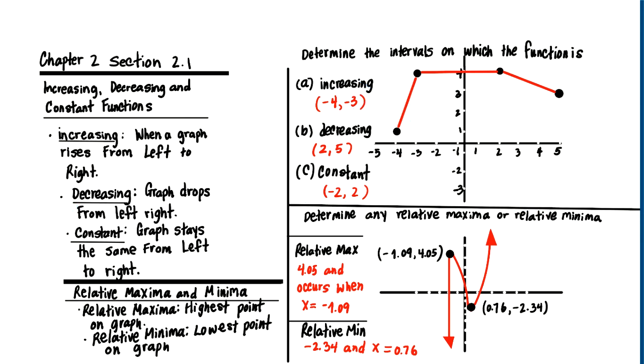Now, if I wanted to know decreasing, that's when my graph is going to drop from left to right. So this area right here, that's my decreasing. I'm starting at 2 and I'm falling.